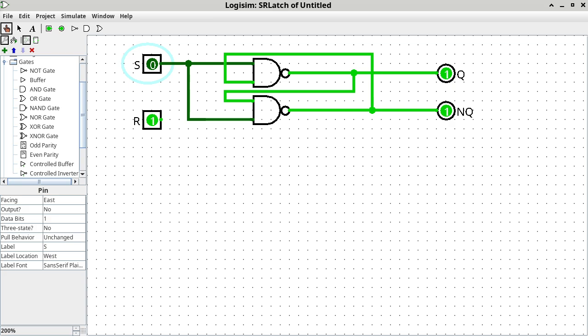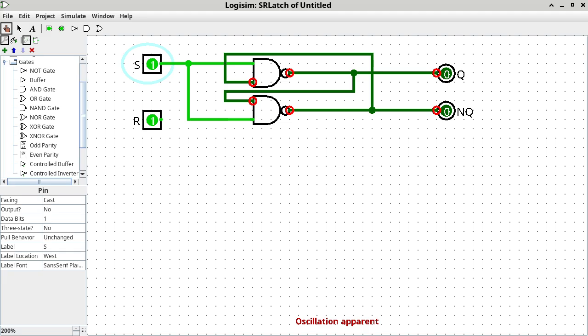If I change this to a 1, it will simultaneously change what used to be the S and what used to be the R both to 1s, emulating the oscillating state of the SR latch. Bam! There we go. What does it say here? Oscillation apparent. In other words, Logisim does detect problems like that.